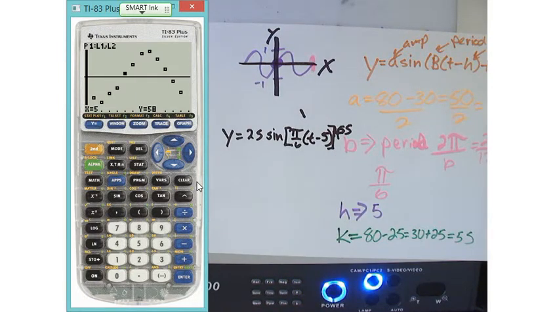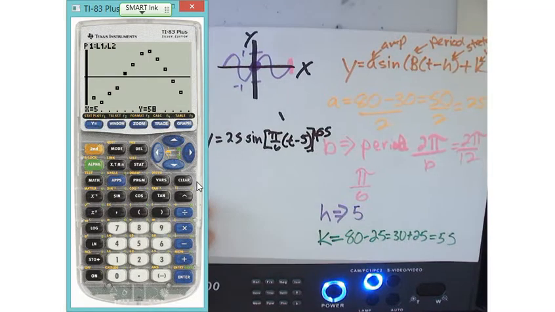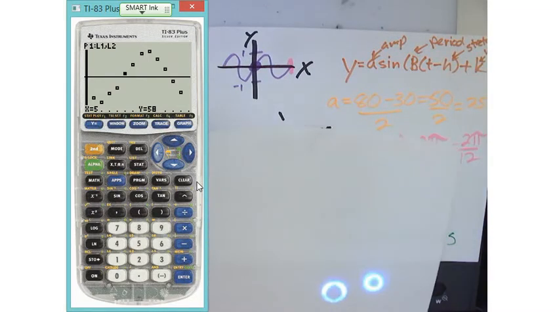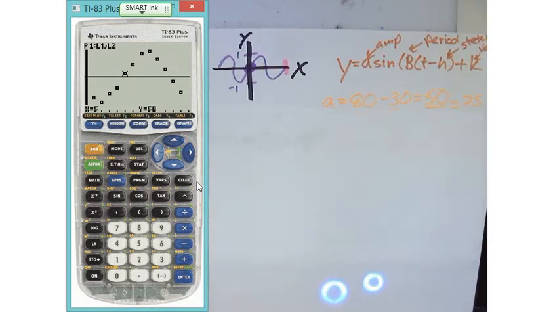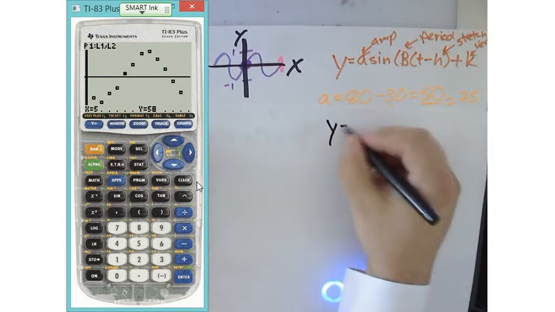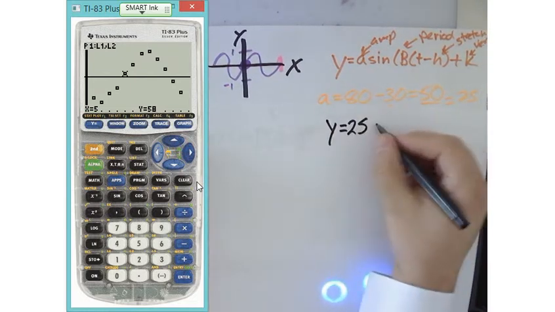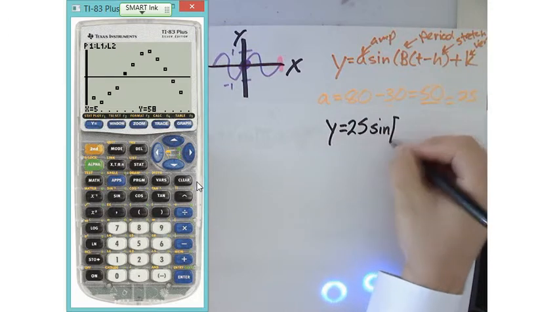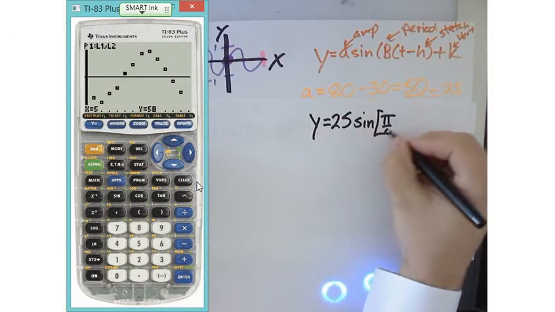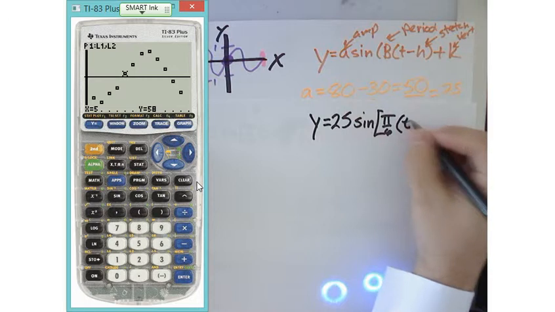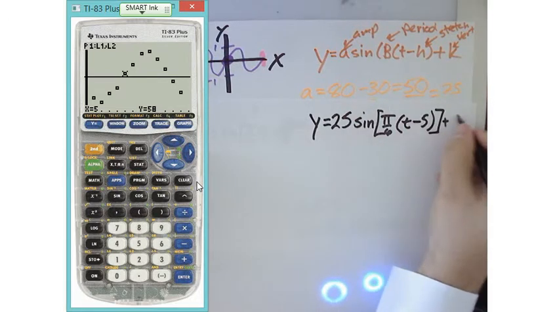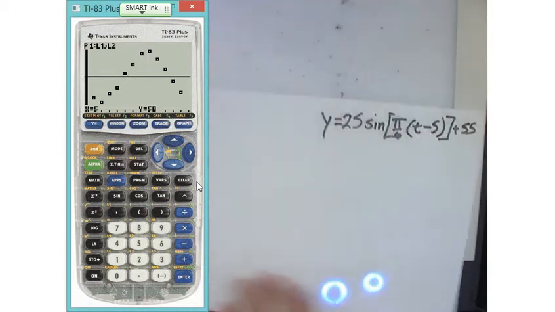You could label it as x if you want to. Actually, let me rewrite that. So it should be y is equal to 25 sine of pi over 6, and this could be t or x or any variable, minus 5, plus 55. That's what we should have.